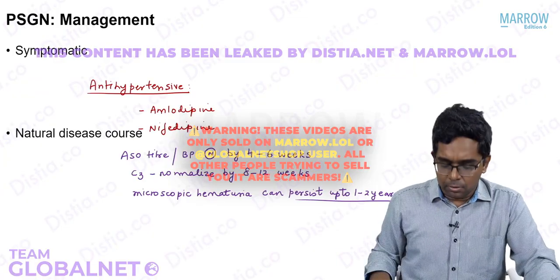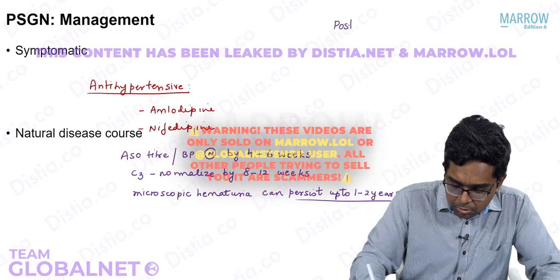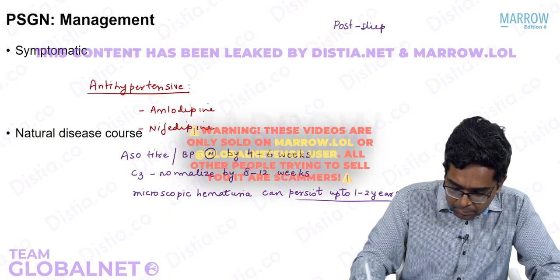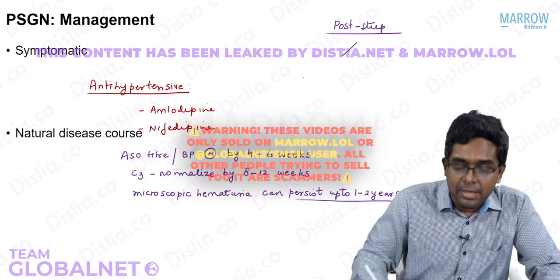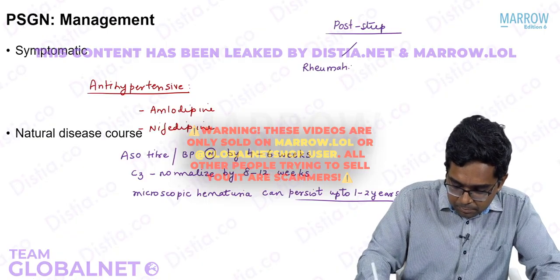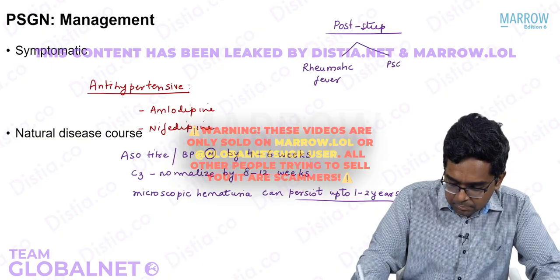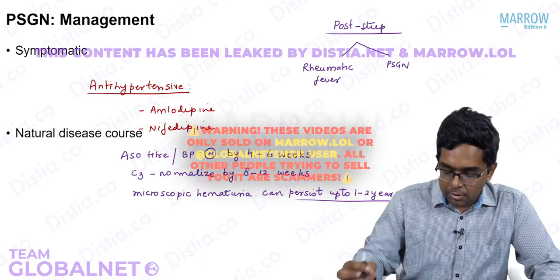Okay, right. Now, here is an important point. When you talk about post-streptococcal conditions, I have discussed before that it can result in rheumatic fever. And the next thing which I have discussed now is PSGN. Right.